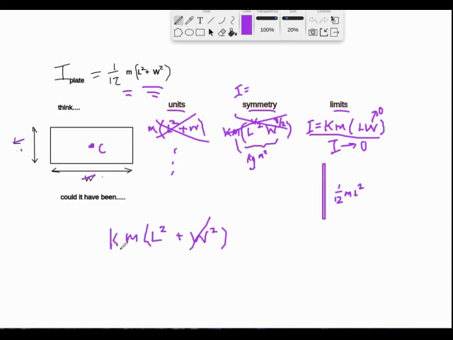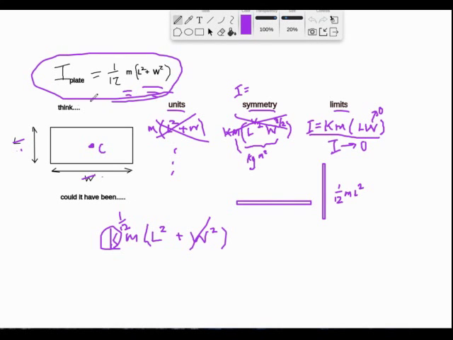In fact, by looking at the limit, we can see that that constant has to be 1/12. And likewise, if I make it a really thin rod the other way, the formula gives me 1/12 times the mass times the width squared, which is also correct. So I think we can see, by thinking about it, this is what the formula had to be.